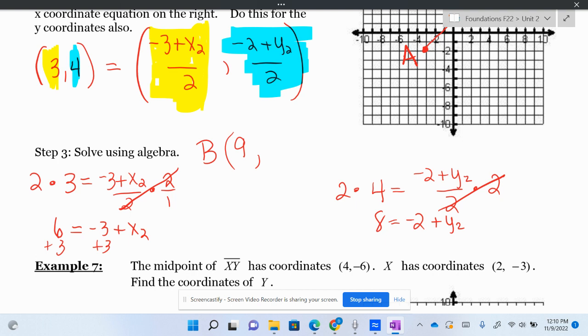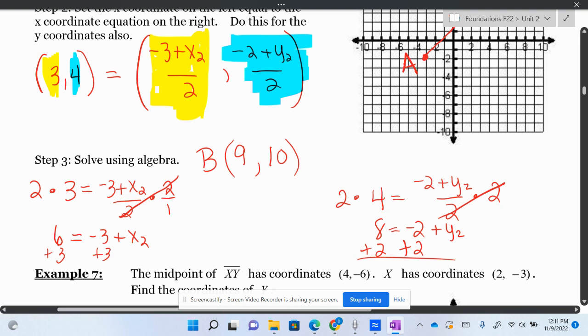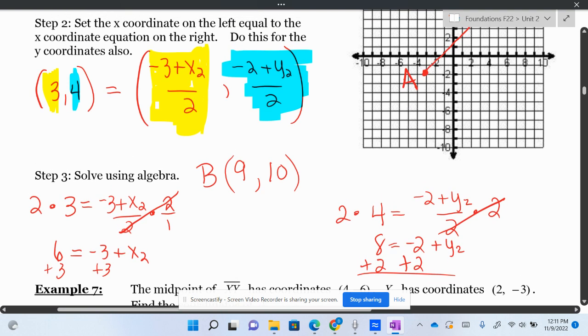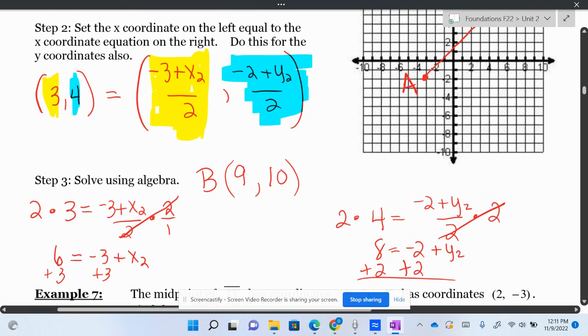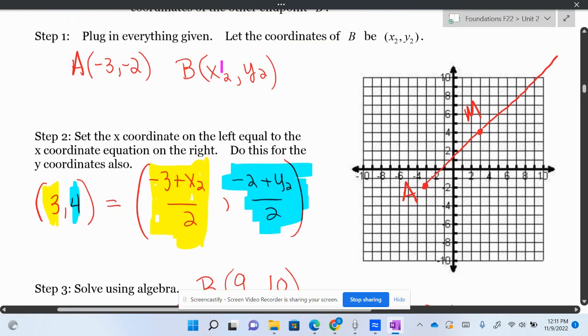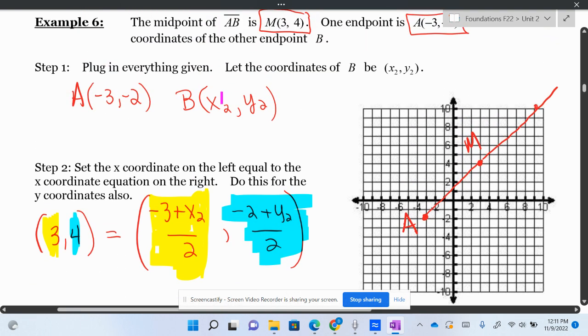How do I figure out what the Y coordinate is? Trying to get the Y coordinate all by itself. Add 2 to both sides. 8 plus 2 is 10. So I know that the other endpoint is at (9, 10). So I'm going to graph it really fast right there. B.